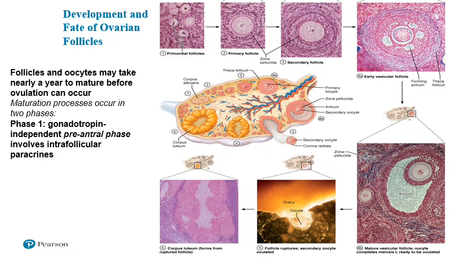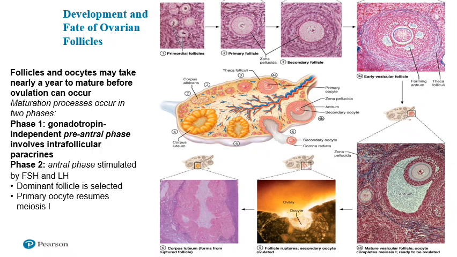Here you have phase one, which is the gonadotropin-independent preantral phase. The preantral is without the antrum. Then you have the second phase, the antral phase. The difference between them is only the presence or absence of the antrum. The antral phase is stimulated by follicle stimulating hormone and luteinizing hormone.